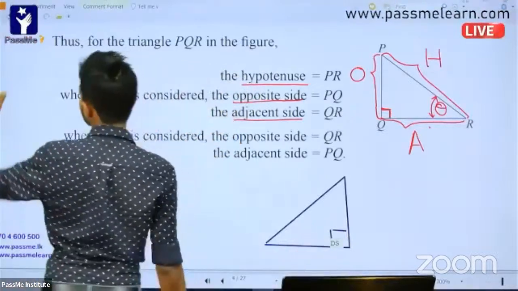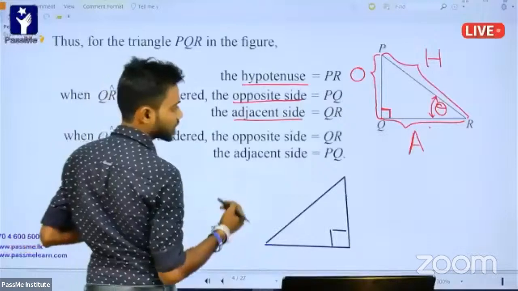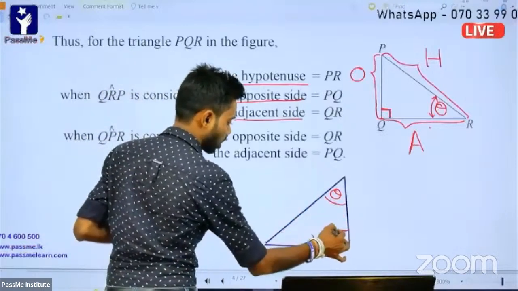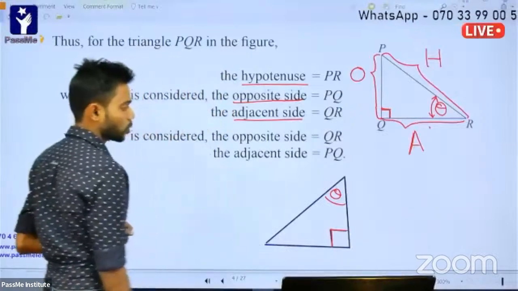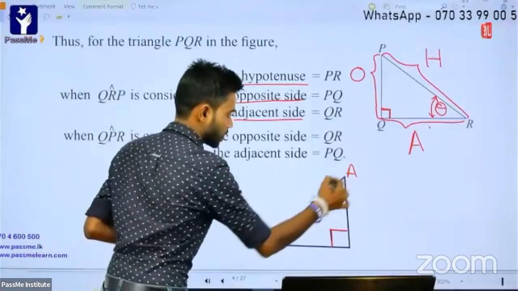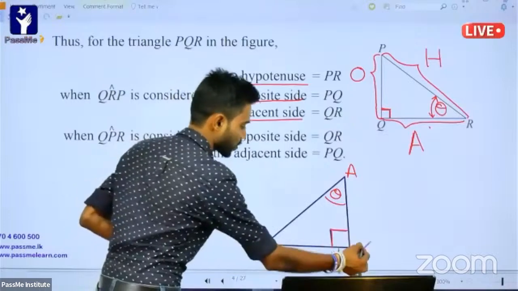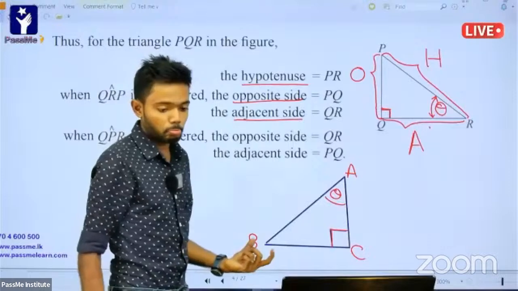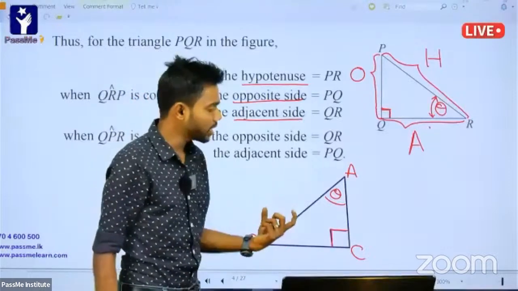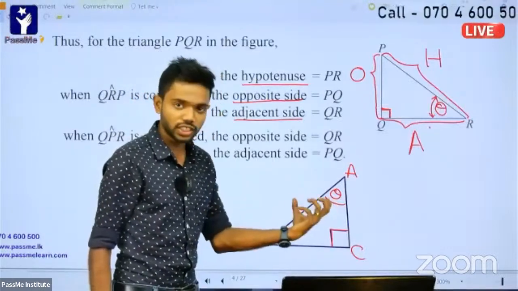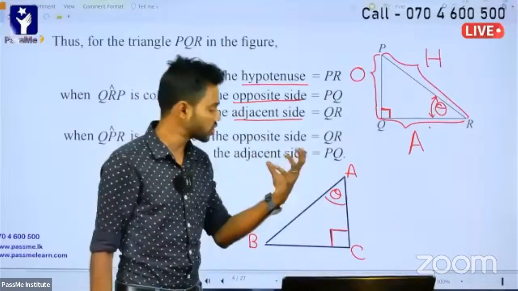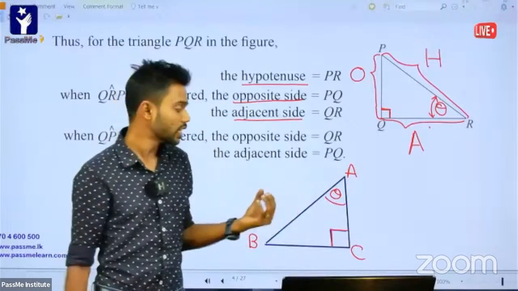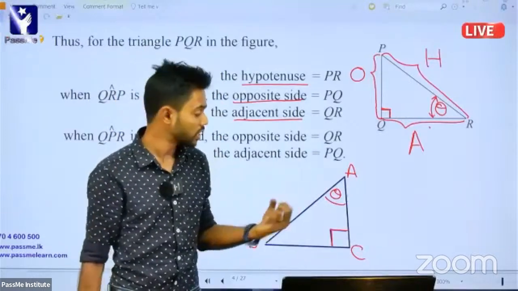Okay, this is 90 degree, and with respect to this theta, let's take this as ABC. ABC is a right angle triangle. Now the theta is here. Please tell me, what is the opposite side of this triangle ABC? What is the opposite side of the triangle with respect to theta?